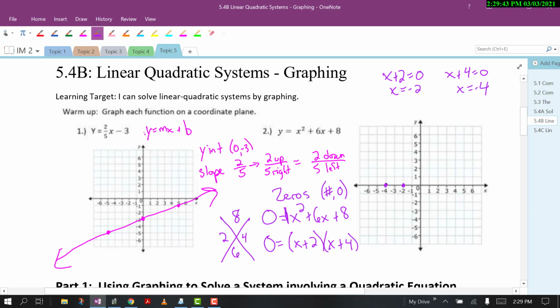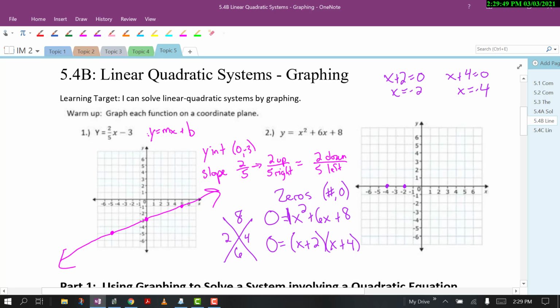So really we need at least one more point. The y-intercept would be nice, except it's off the graph. The constant, remember what we did last semester, this 8 is the y-intercept, but that's about up there. So not really going to help us when we're trying to graph this. So what we're going to do is find the vertex.